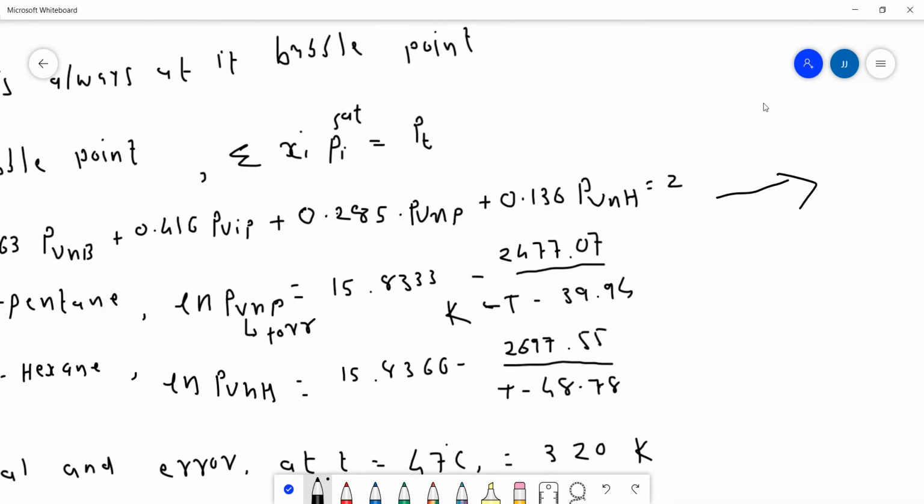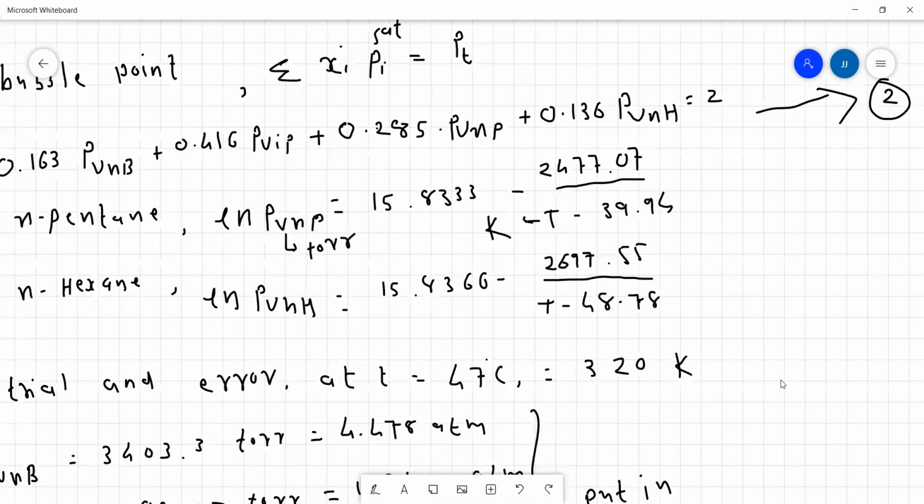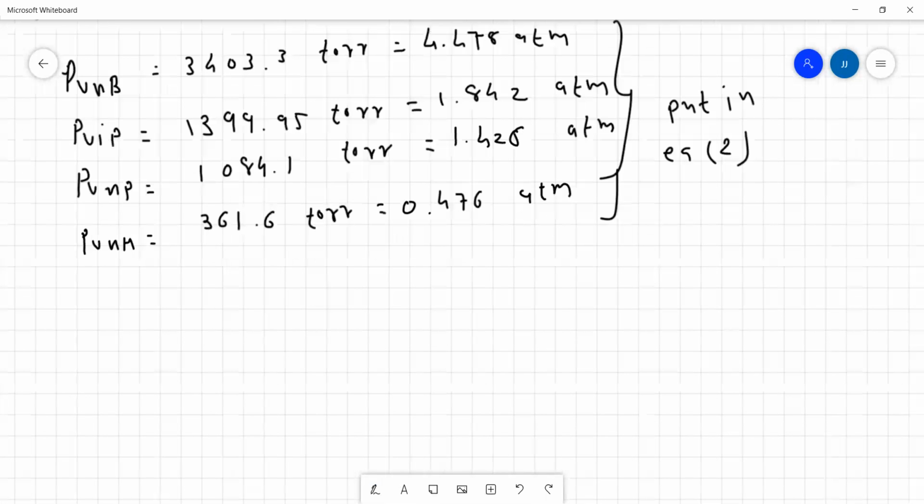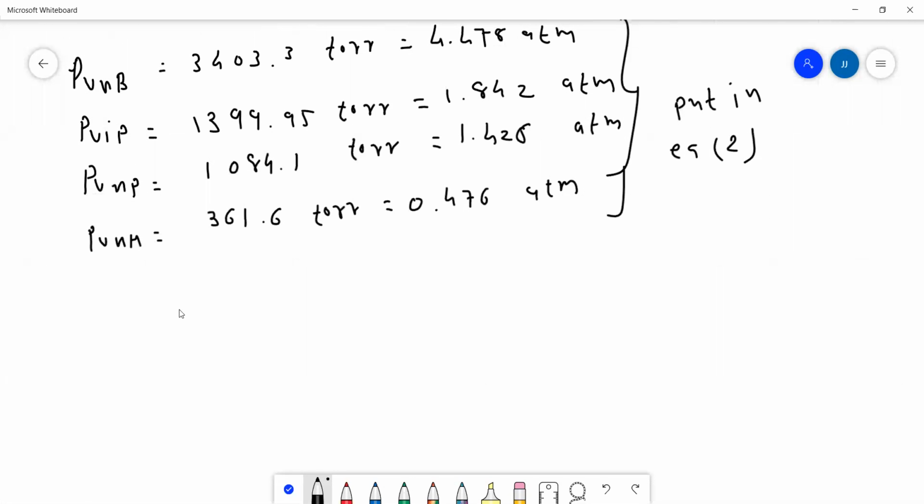Then you will get the left hand side equal to the right hand side, that is equal to 2.